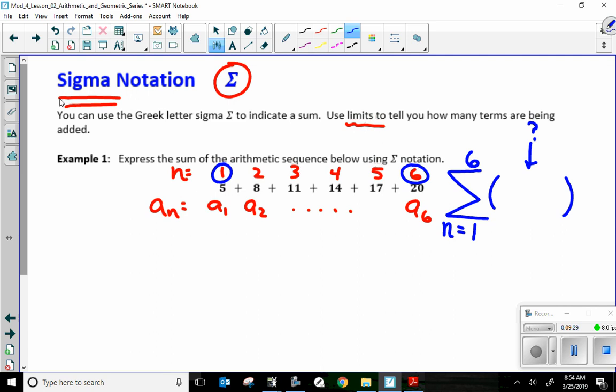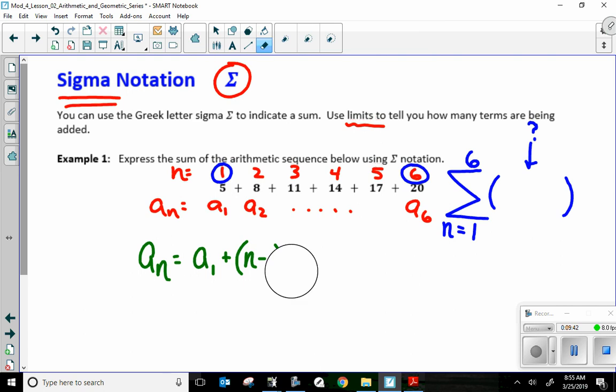Remember, in order to find that, my equation equals my first term plus n minus 1 times d. All right?